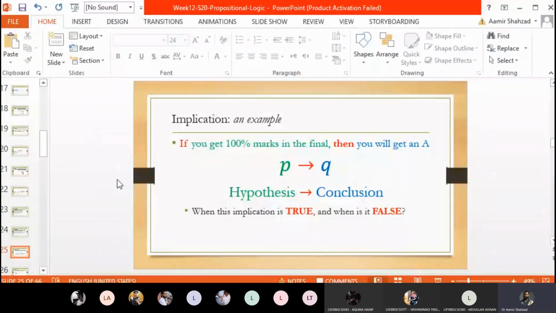So this implication is true. But if you get 100% marks and you do not get an A grade, then you can complain. आपका प्रॉमिस तो ये था कि 100% मार्क्स लिए तो A ग्रेड आएगा, हमें तो A ग्रेड मिला ही नहीं.